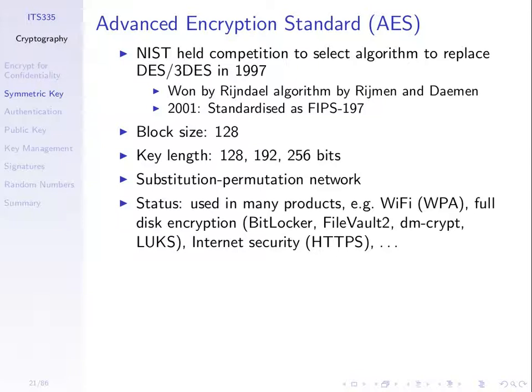AES is considered maybe the practical standard to be used today. If you're going to encrypt files, even encrypt data in real time, AES is a strong contender to choose. Some systems that you use would use AES, so when you have the encryption enabled on Wi-Fi, one of the options is to use AES.